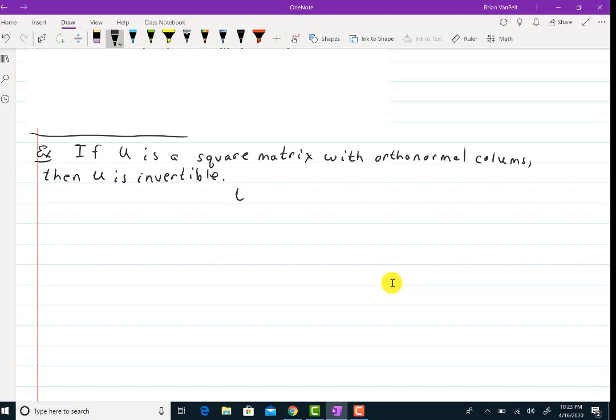So we can see that U transpose times U equals the identity matrix. That implies that U transpose is actually equal to U inverse.